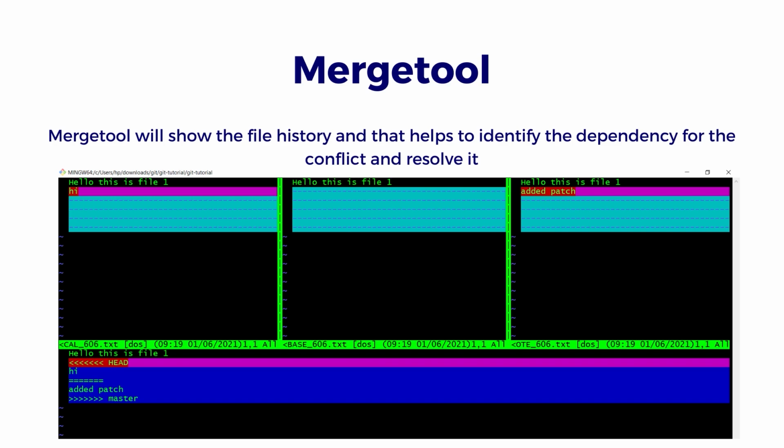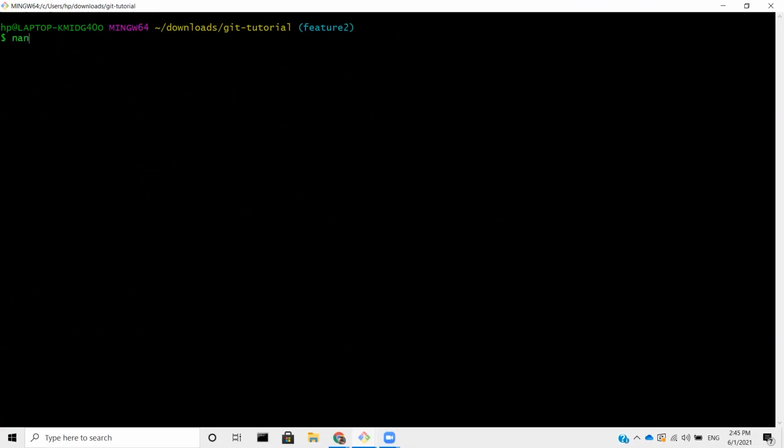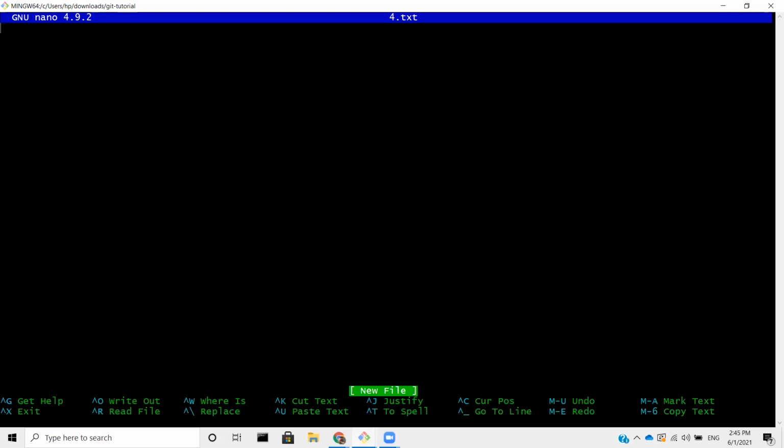Till now, we have seen the theory part of merge conflict and branches, so now we will see a sample demo on how a conflict is resolved. Welcome to this demo. Here we will try to see the merging of branches and resolving the conflicts. So let us start with creating the files with the nano editor. Open a file, add some content to it and save it.